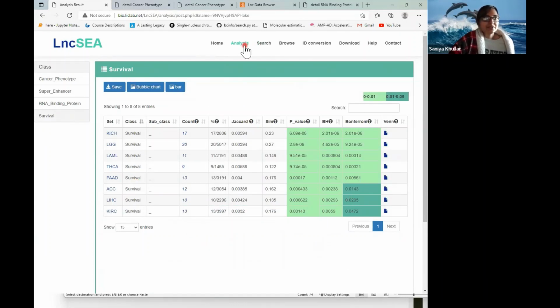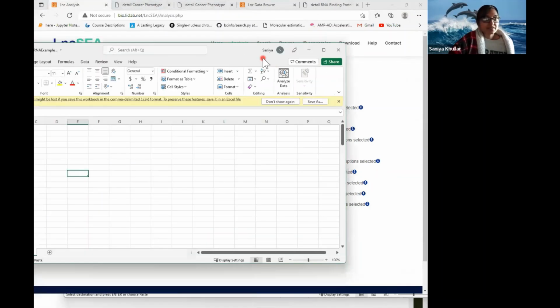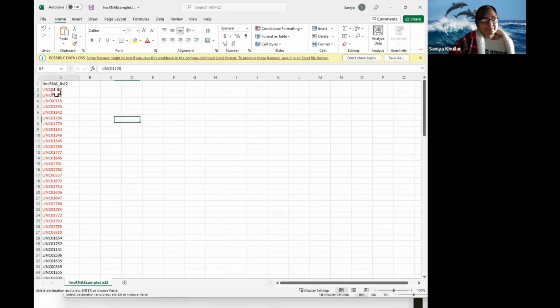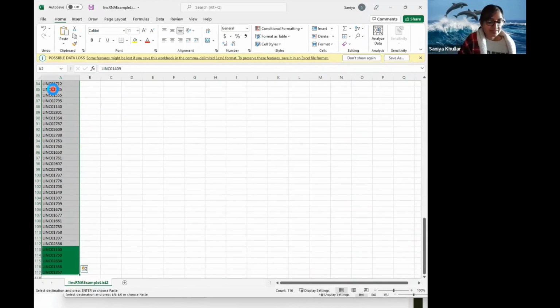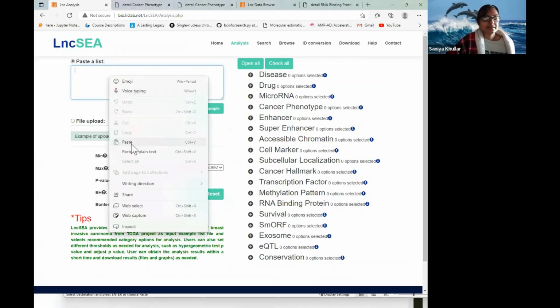I want to show you one more example, where we have another list as well. So I just want to show you the results will differ based on this list here. This is a list that has about 116 lncRNAs, but you can put in any of those as long as they are lncRNAs.